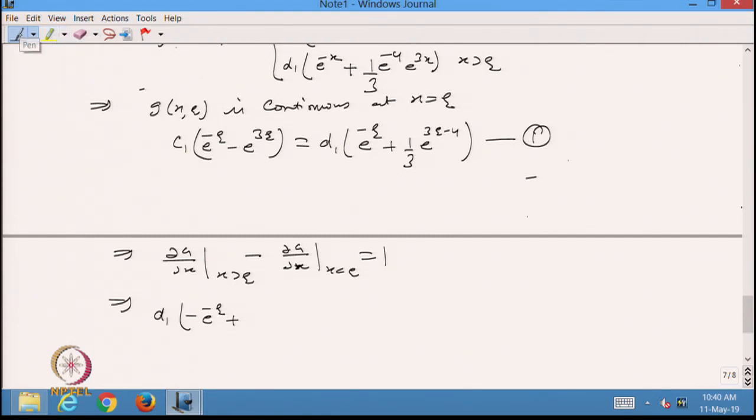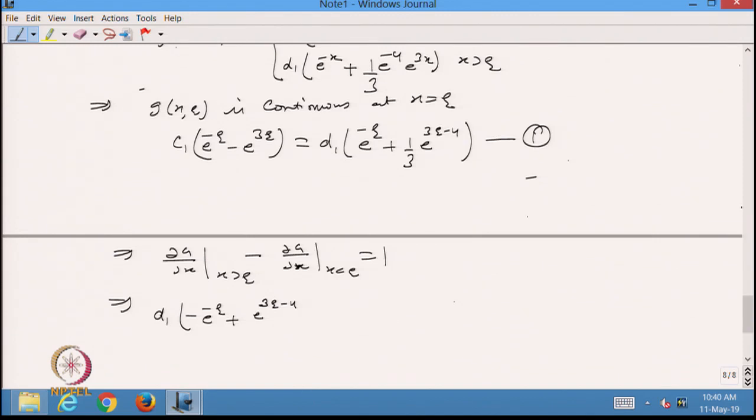So, this will become d1 minus of this and e 3 xi minus 4, because I am taking the derivative of this one. So, 3 will be coming here and it will cancel out this one.